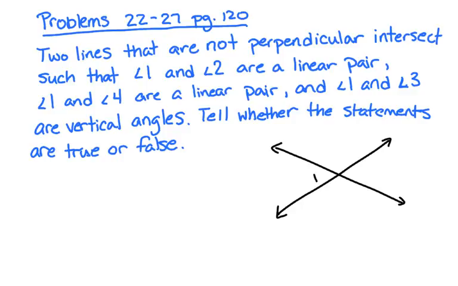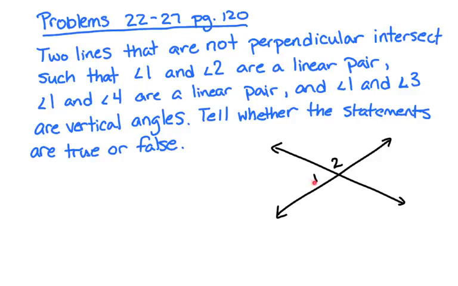All right, so on one of the linear pairs, like this side of one of the lines, if you ignore this half of the drawing, angle 1 and 2 are on the same line, which is a straight angle, and they are supplementary, meaning they're a linear pair. If they're a linear pair, they are supplementary.